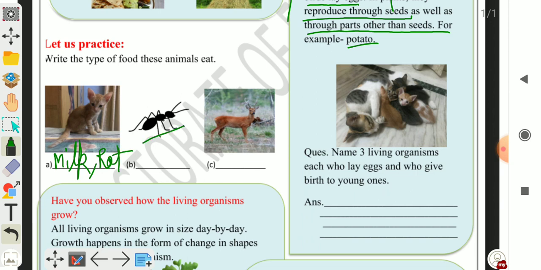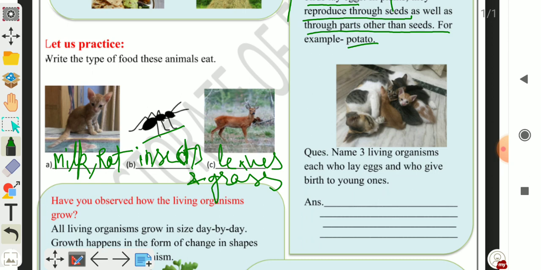The ant is also omnivorous. It eats insects. Deer is a herbivore and eats leaves and grass. So you can write leaves and grass.